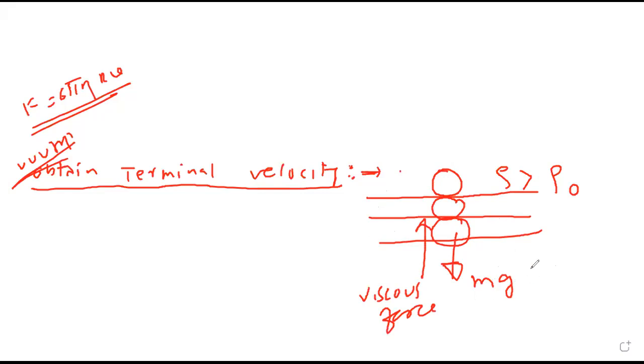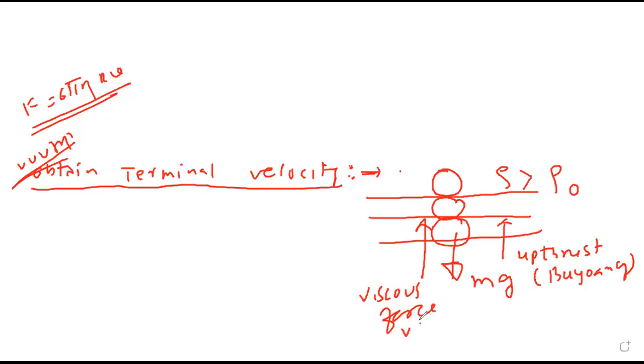Can weight increase, or is weight constant? Weight is constant. mg is constant in the liquid. It will keep on falling. Viscous force will increase because velocity is increasing. Upthrust, which is called buoyancy, will also remain constant.